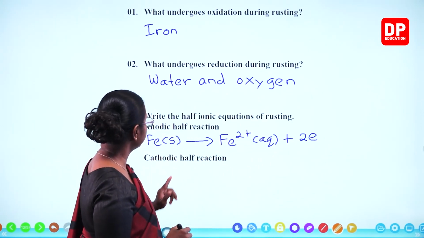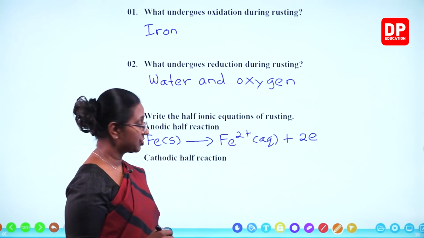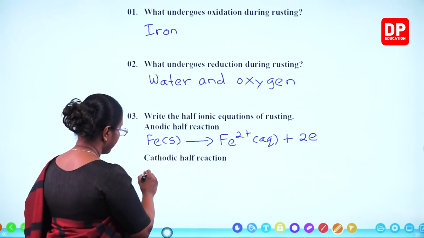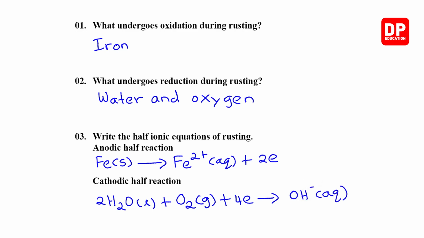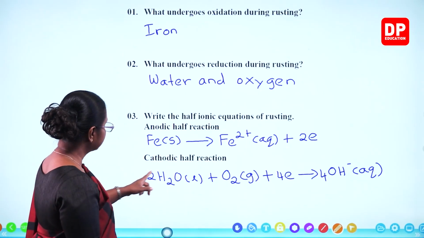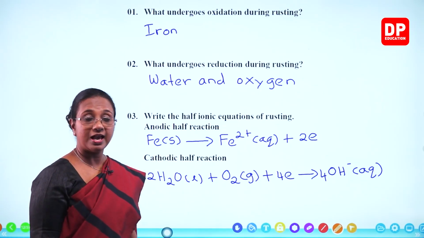That is the oxidation or the anodic half reaction. Then the cathodic half reaction, you need 2 H2O liquid, 1 O2 gas plus 4 electrons, forming 4 OH minus aqueous. That is the cathodic half reaction.